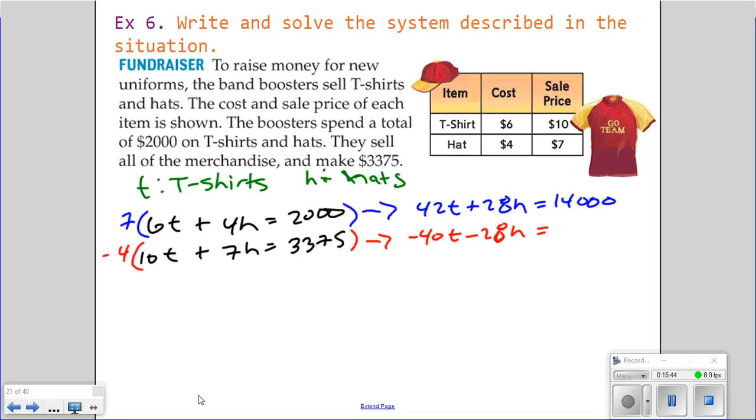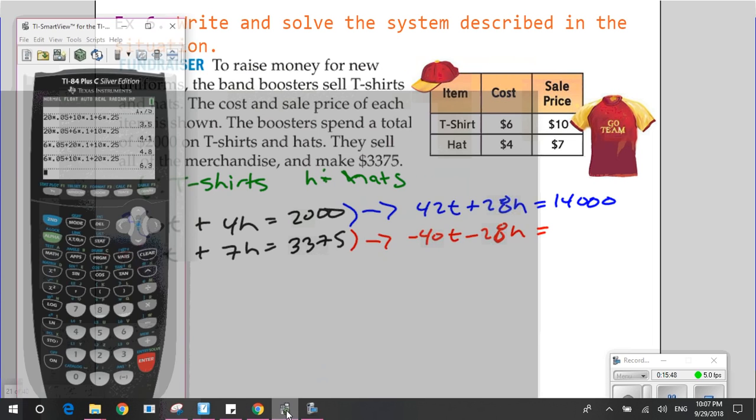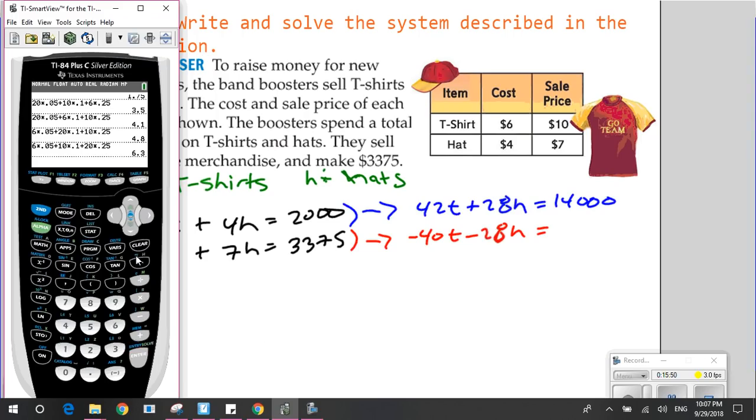My brain is shot. 3375 times negative 4 is negative 13,500.